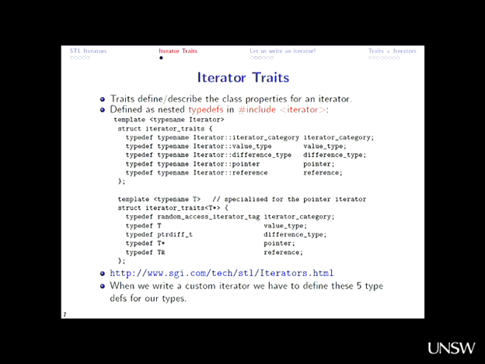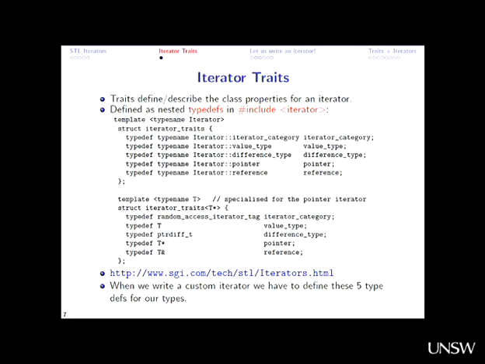Iterators, what defines an iterator? It's not the mere fact that the class is called iterator. What defines an iterator is certain traits, certain properties. The compiler is able to work out something's an iterator based off those particular type traits, those properties of the iterator class that you define.